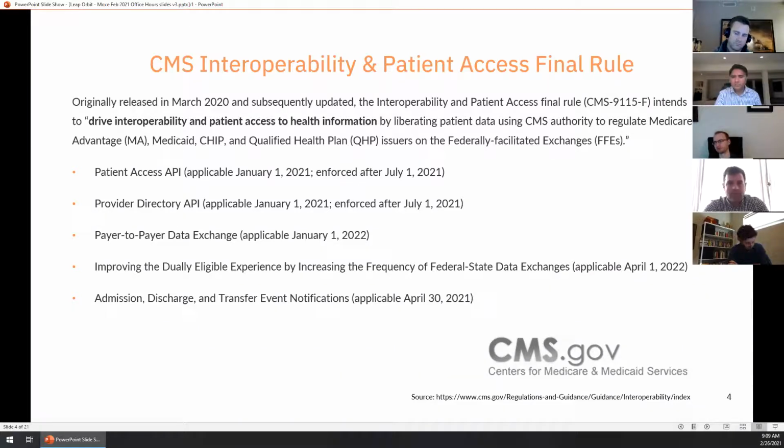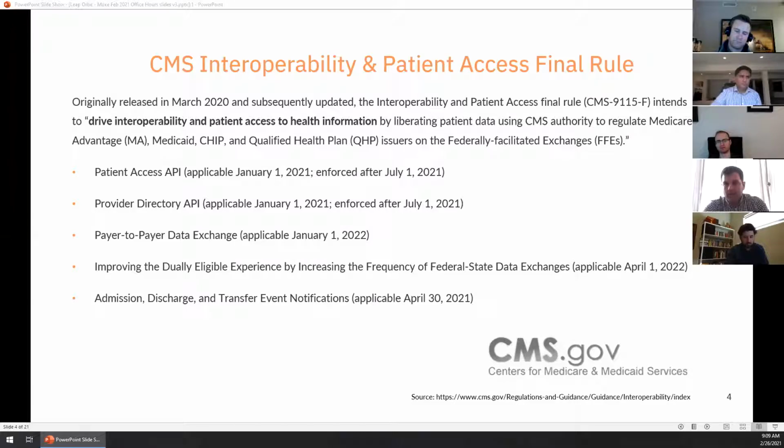The goal of these rules is to accelerate interoperability and patient access. This rule really is about the liberation of patient data, using CMS's authority to push plans to implement new technology standards. The deadlines associated with this regulation have moved.